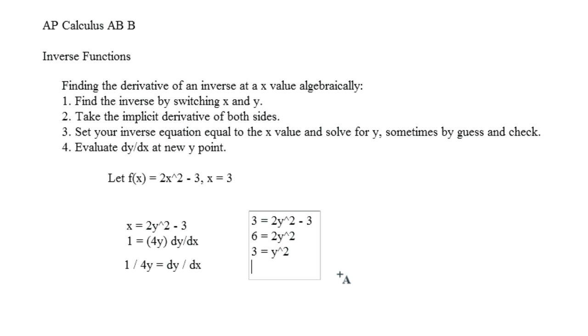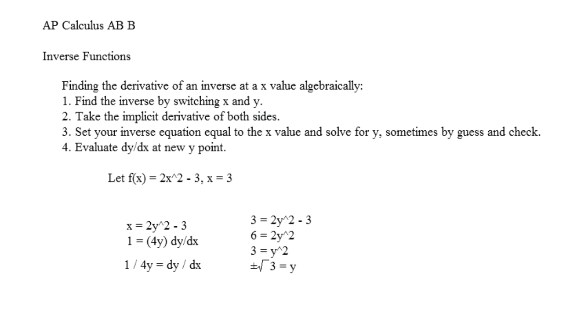So therefore, the square root of 3 should be y, and it should actually be plus or minus the square root of 3. You should probably look at a graph to actually see if it is plus or minus, so this gets our actual value, which is the square root of 3.